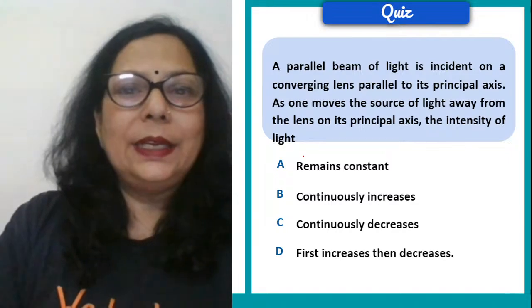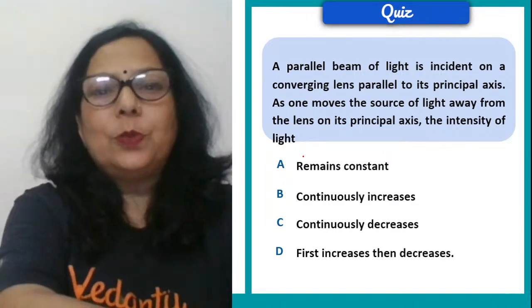A parallel beam of light is incident on a converging lens, parallel to its principal axis.